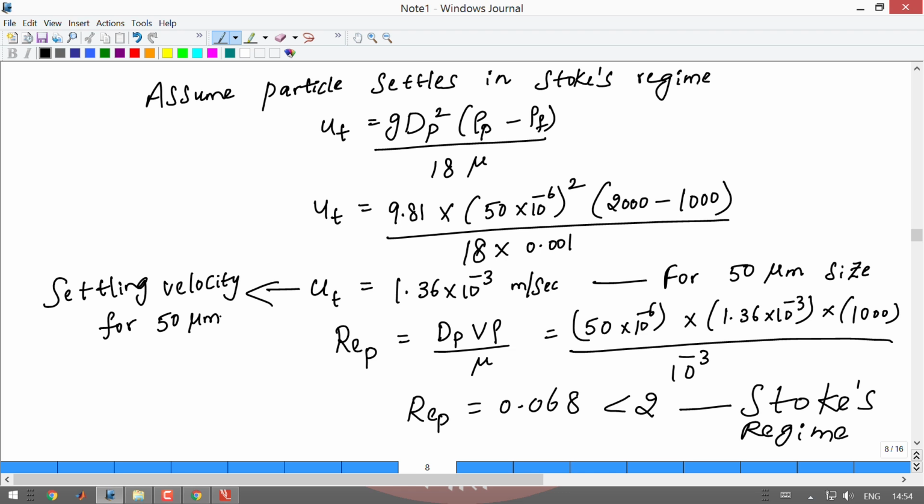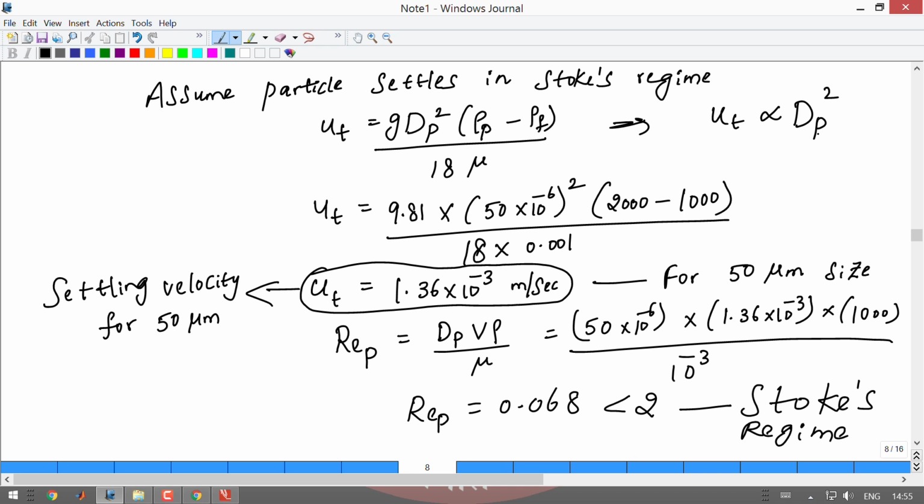if we pump the water with this velocity, all the particles of size less than 50 will be carried upwards with the water, and particles of size greater than 50 micrometers will settle down, because this is the terminal velocity of the 50 micrometer particle. And if you see, the terminal velocity is directly proportional to the square of the particle diameter.